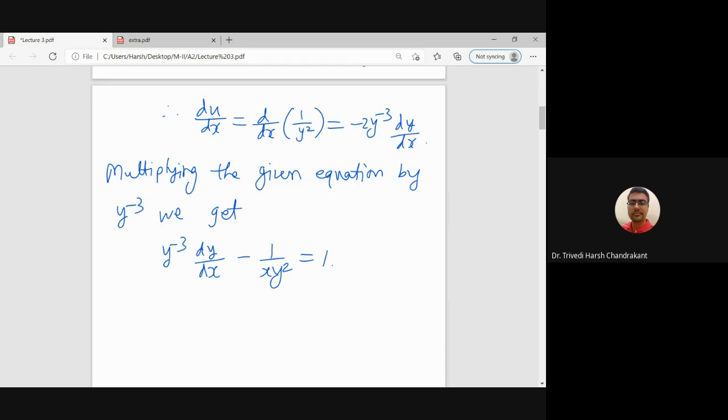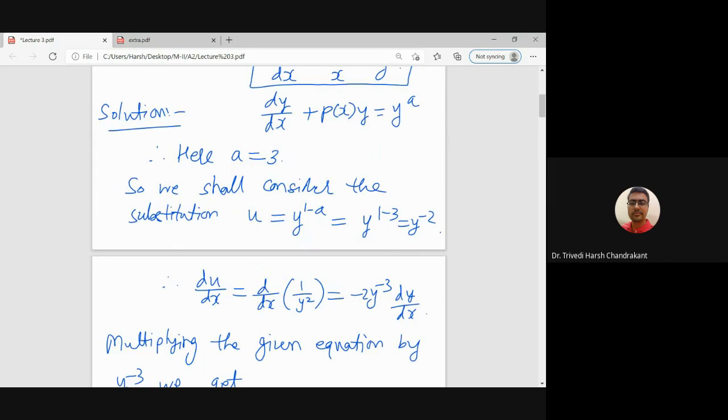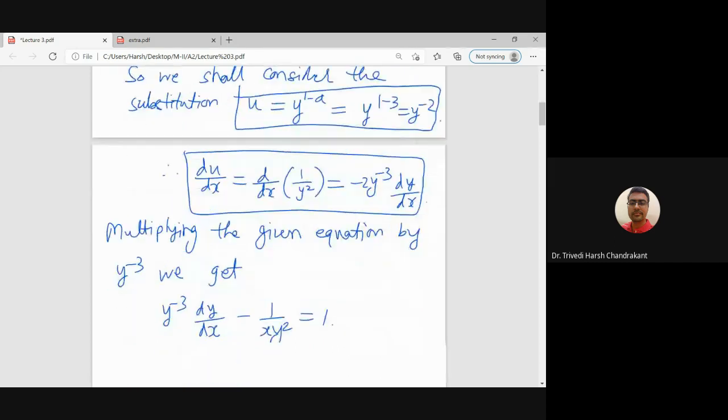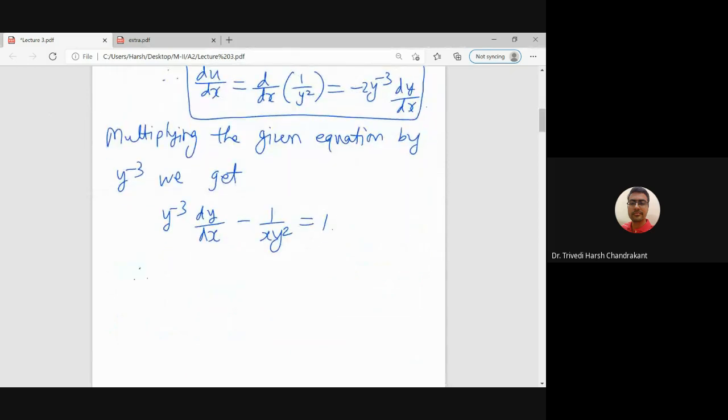Now we will see why we are substituting this particular function. If we substitute y^(-2) to be u, and y^(-3) dy/dx equals -1/2 times du/dx, this equation will convert into a linear equation. The first term by this substitution becomes -1/2 du/dx.